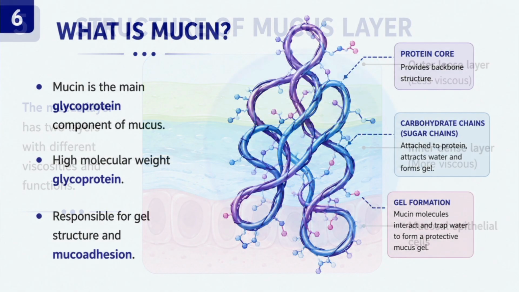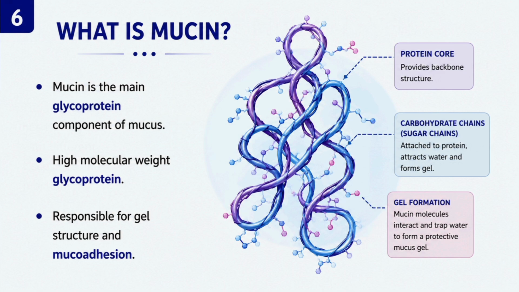Now we meet the star molecule of our topic, that is mucin. Mucin is a major glycoprotein component of the mucus. The word glycoprotein tells us that it contains protein associated with carbohydrate groups. Mucin molecules contribute significantly to the gel-like nature of the mucus.